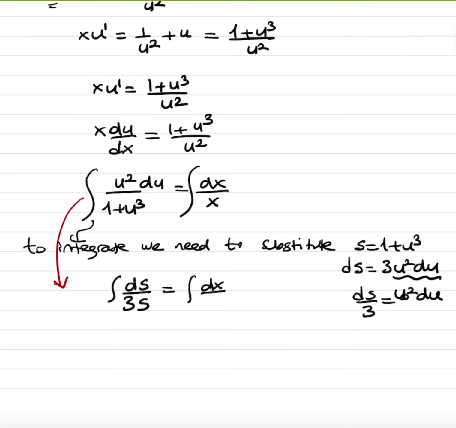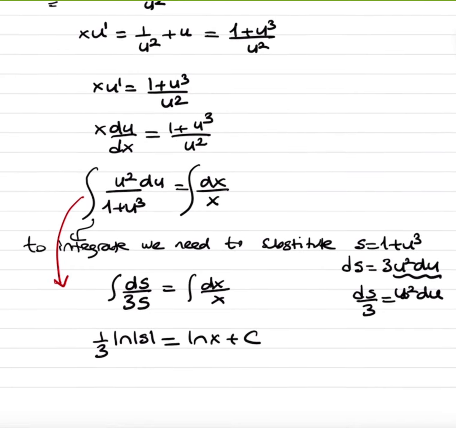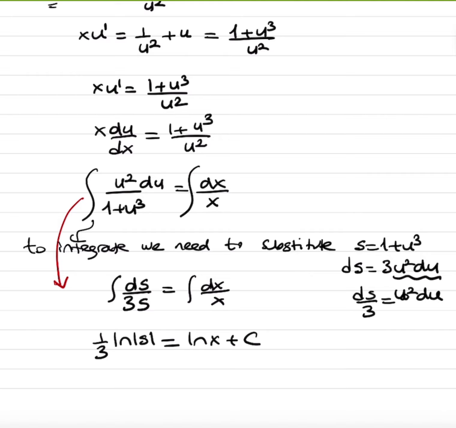Oh, okay, this will be ln x, but let's take all of them together. So we have 1 over 3 ln s, sorry, ln s is equal to ln x plus c. Now we will put s back. So s was 1 plus u cube, and at the last step, we should put u is equal to y over x.